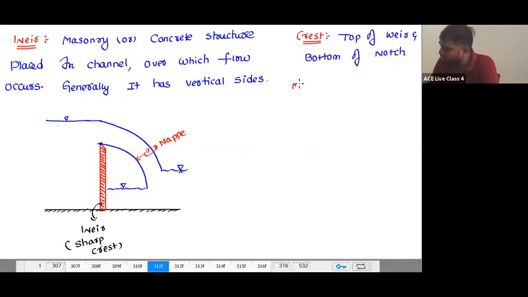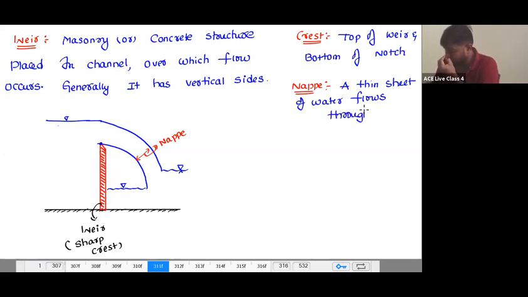Which means, what is a nappe? A nappe means a thin sheet of water that flows through a notch and over a weir.